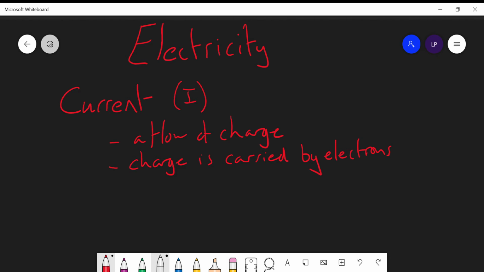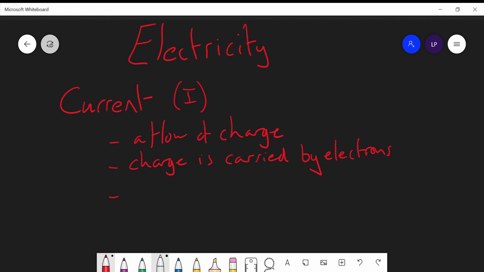Things like plastics that have no free moving electrons are poor conductors, and so these are often known as insulators because they will not conduct and allow the flow of charge.